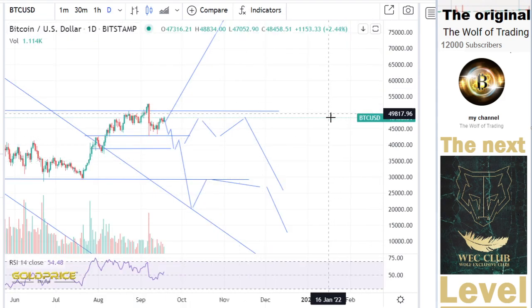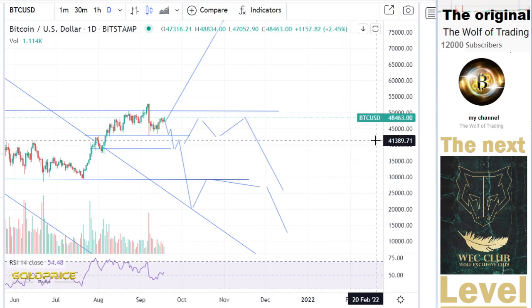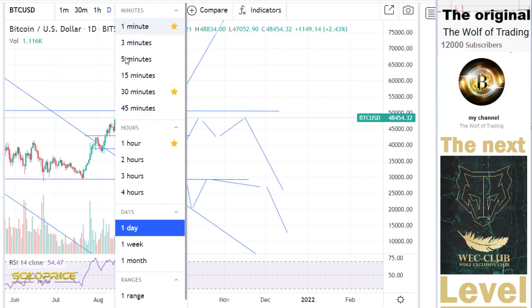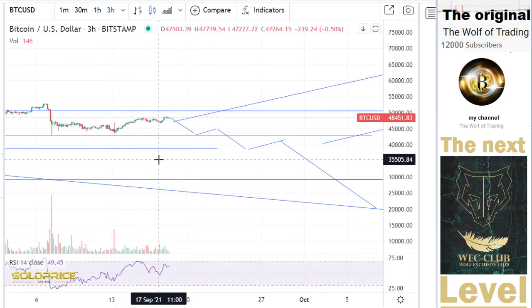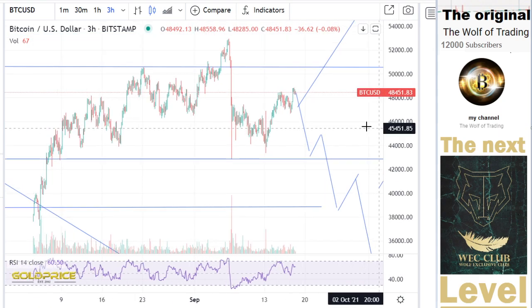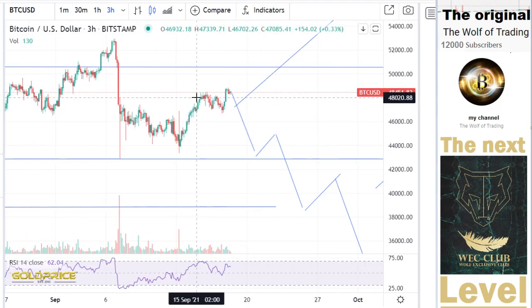So if you look at the Bitcoin price, you see a similar situation. You see that the price is today going 2.4% to the top side. And such moves to the top side are very dangerous, because they show you, okay, the price of Bitcoin is going to the top side.